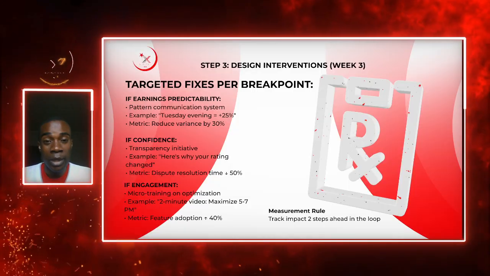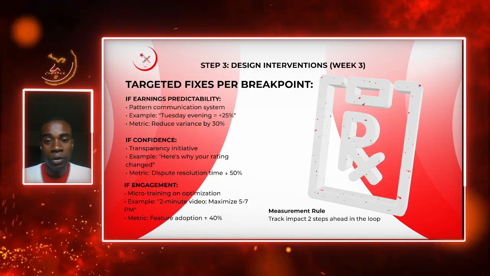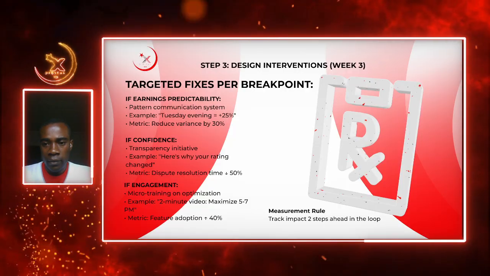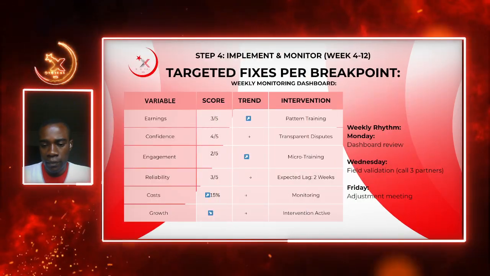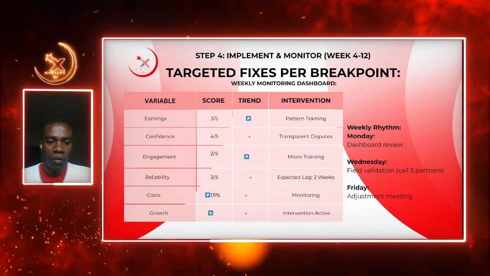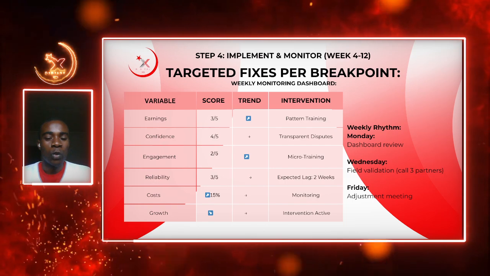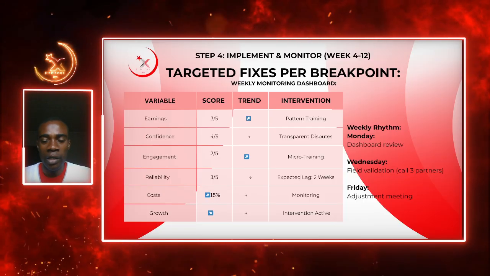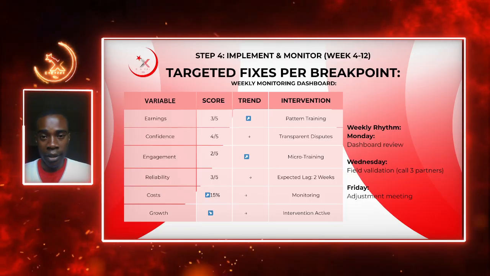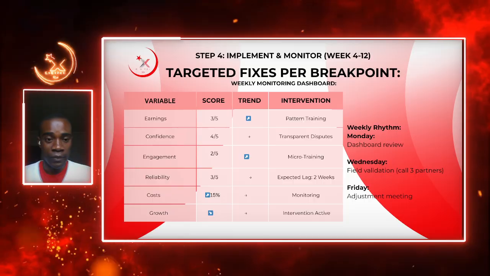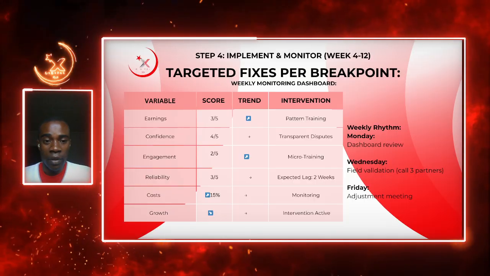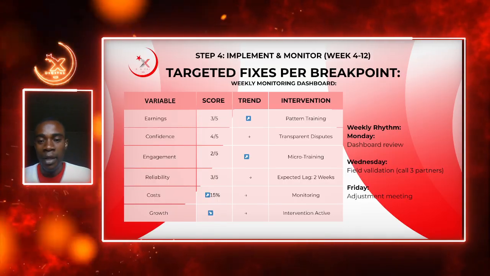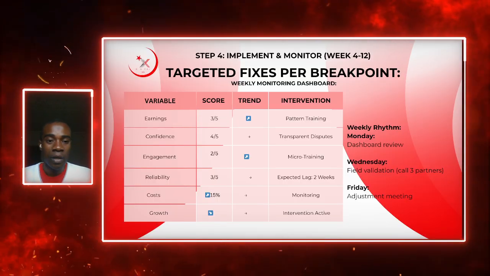And that leads us to step four, which is week 4 to 12. Week four to week 12 is about implementation and monitoring. Here you gotta create a simple dashboard that looks something like this. Earnings predictability, the score 3 out of 5, trending up, pattern training in week 2.